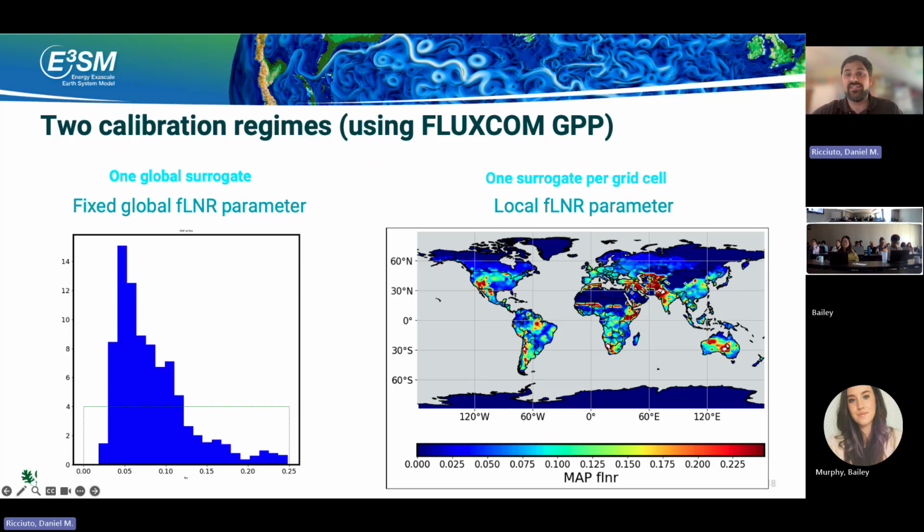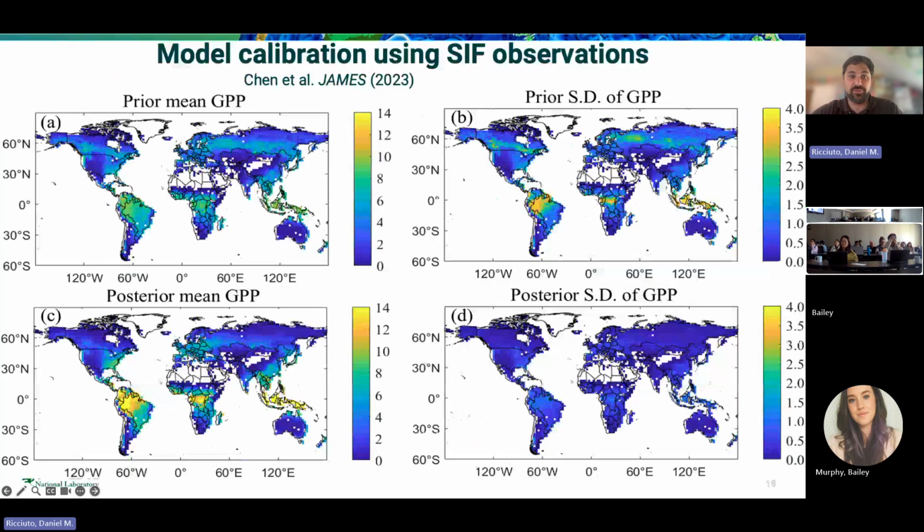So we did a very similar exercise using satellite solar induced fluorescence, or SIF, and calibrating the model with that. We can see what the calibration did here in terms of the prior mean GPP on the upper left, which would be just the ensemble mean over, in this case, I think about 200 simulations that we ran globally. And then importantly, on the right is the prior standard deviation.